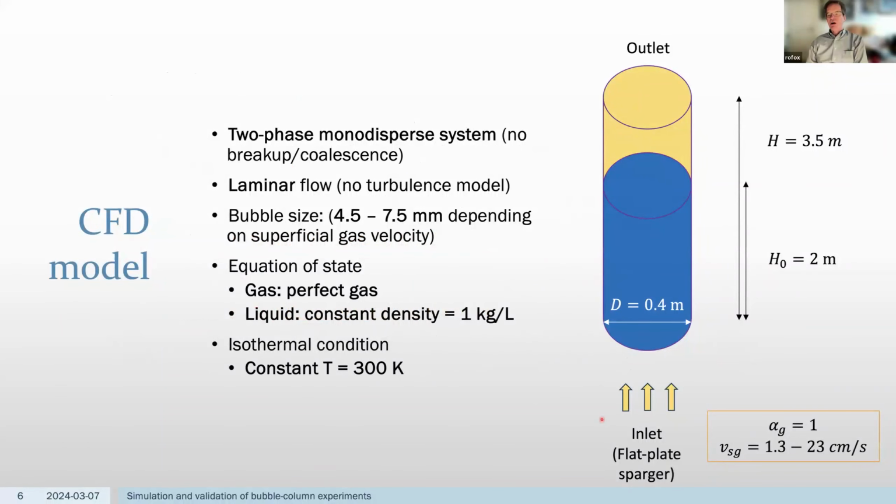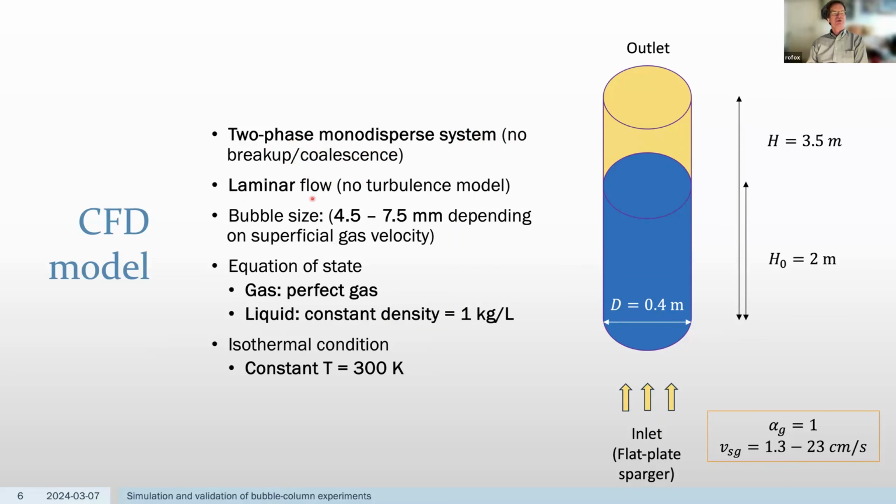Okay, so the CFD model uses a two-fluid model that we have been working on. In this case, we're assuming that we have models that do coalescence and breakup, but it's very nice because coalescence and breakup is essentially negligible, and you can see that when you observe it from the experiment, so we don't need to take that into account.